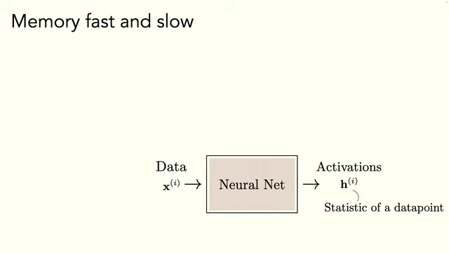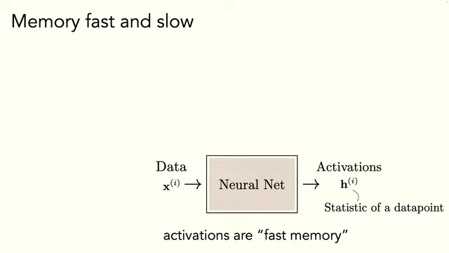And then finally, I want to talk a little bit about this different perspective on fast and slow memory. Here's one interesting thing. If you think about a neural network as something that's frozen, and you send data into it, then the activations that you get through that neural network are some statistic of that data point. You can think of them as fast memory, right?